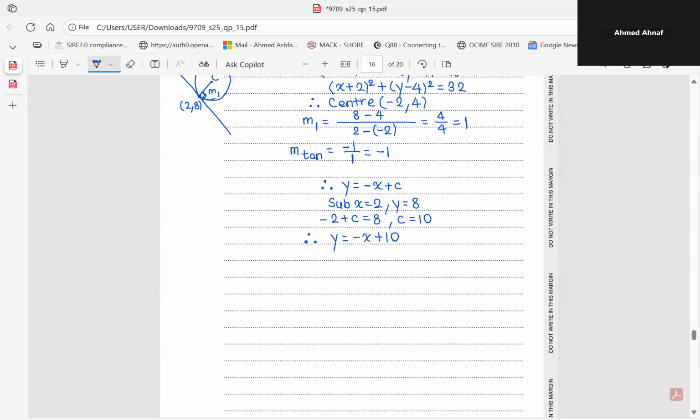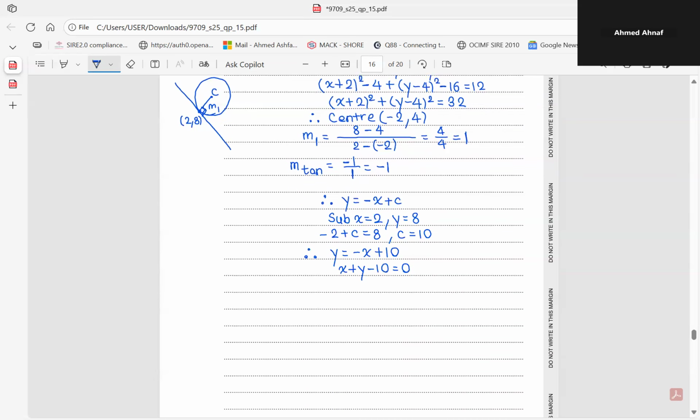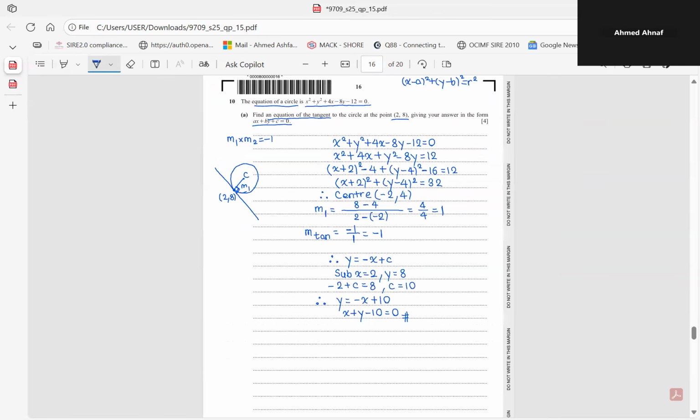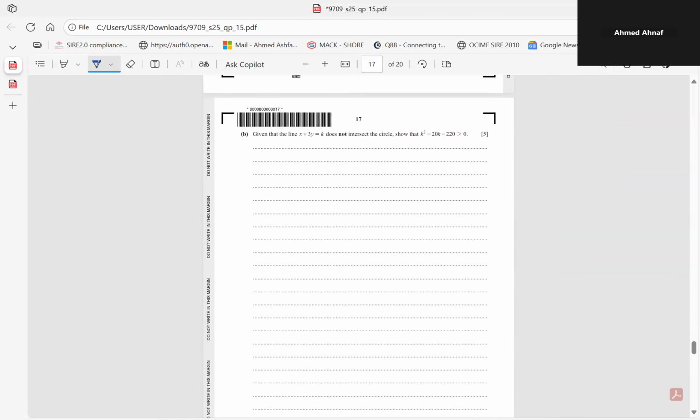So we add x to both sides, so you get x plus y, and minus 10 from both sides, so minus 10 equals 0. So this is our final answer for this part. Let's head on to the next part.